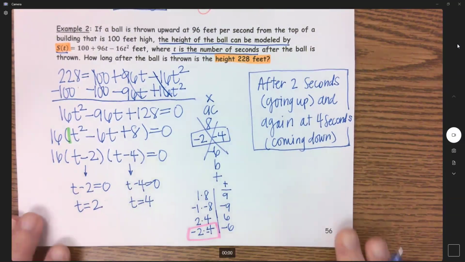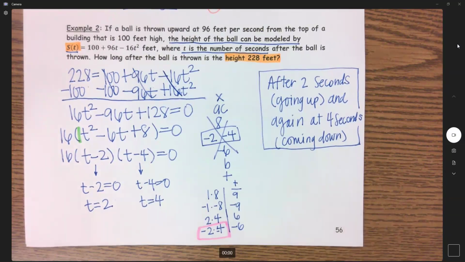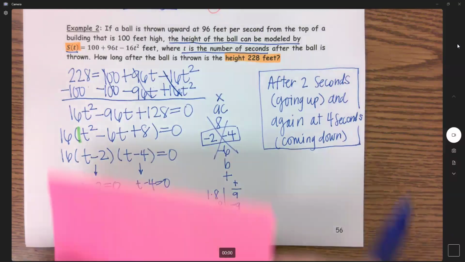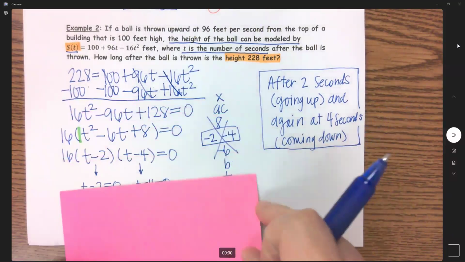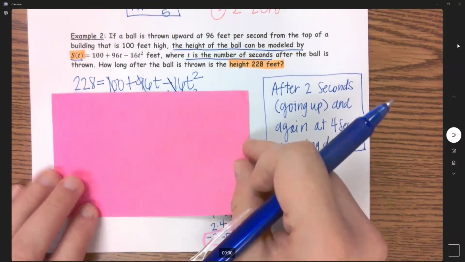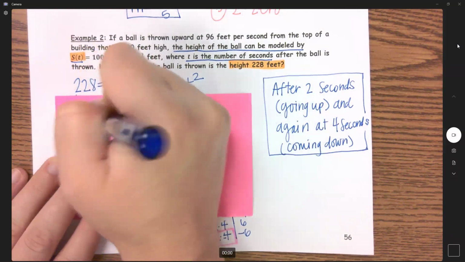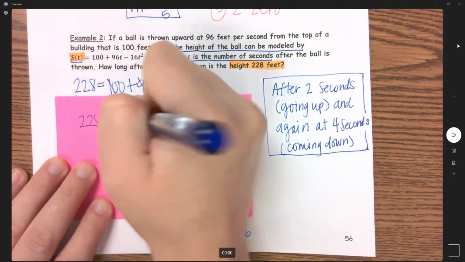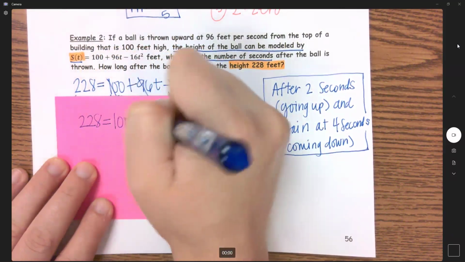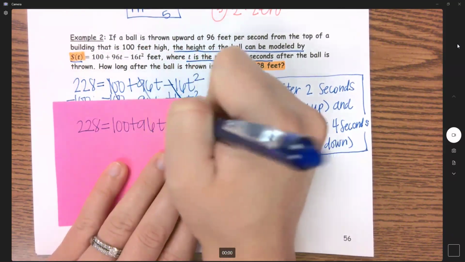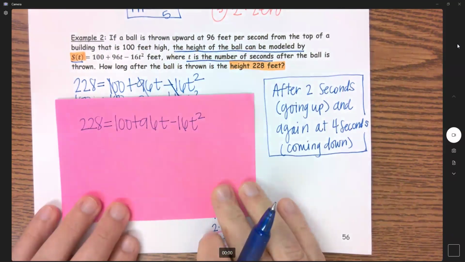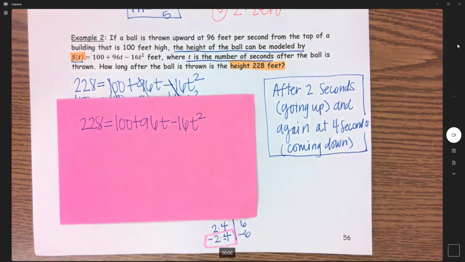Now, before I end this video, I want to show you how we could have solved this by using our calculator. Okay, and we could go all the way back up to the very top one right here. If I have 228 equals 100 plus 96t minus 16t squared, we can use our intersection method.